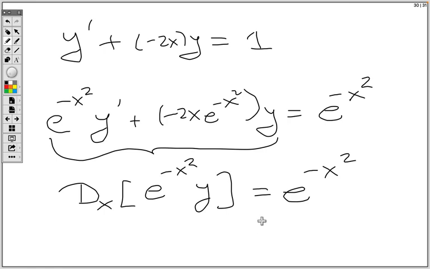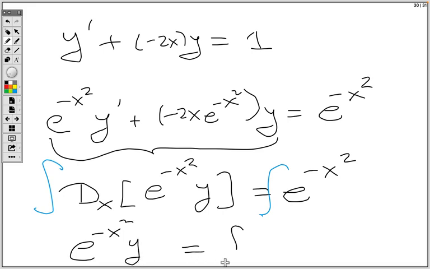And now all we've got to do is what? To get rid of that derivative, we would integrate. Okay? And since we're running out of time, I'll do half the work for you. I'll do the left-hand side, and you can think about the right-hand side. What do you think about the right-hand side?